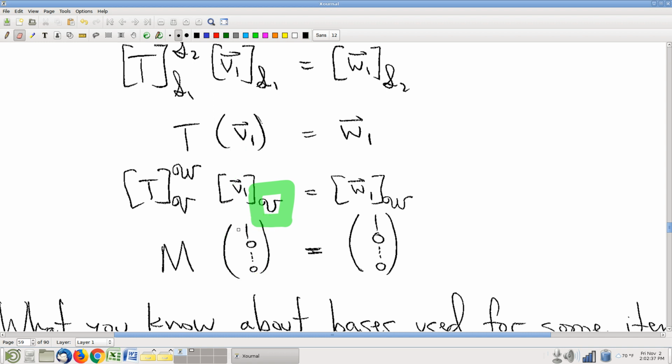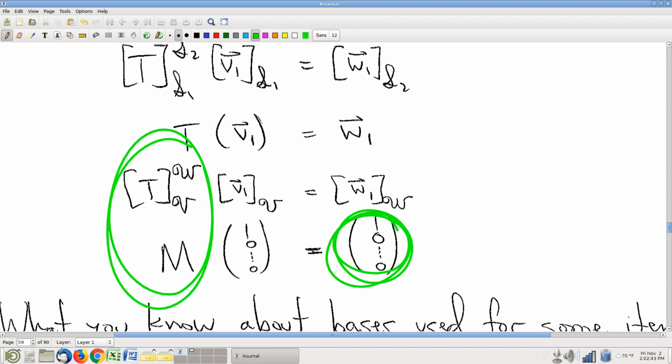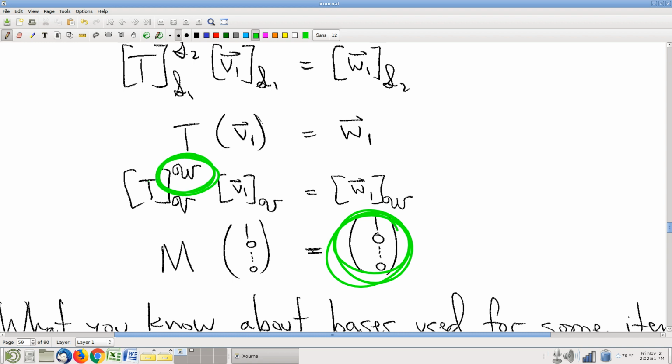Okay. Similarly, what does this represent? Well, we already agreed that M is representing T with respect to bases V and W. That means we know that the output vector is coming in W language. That means that these coordinates represent something with respect to W. What vector is it whose W coordinates are these numbers?